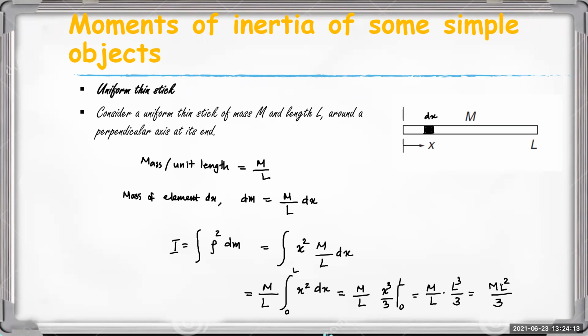So the moment of inertia about one of its ends is equal to ml square divided by 3.